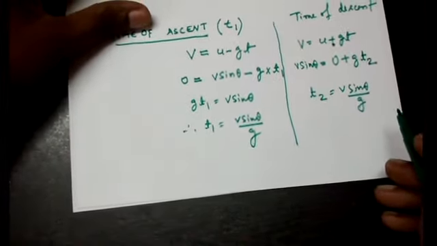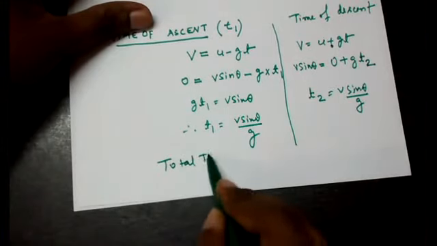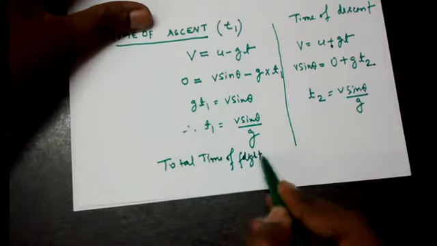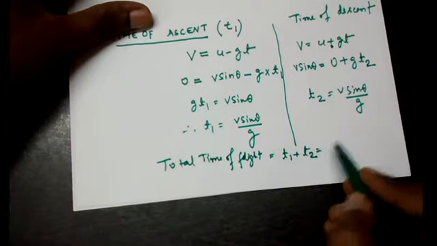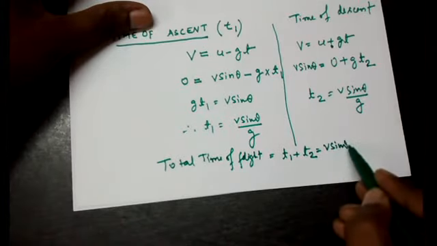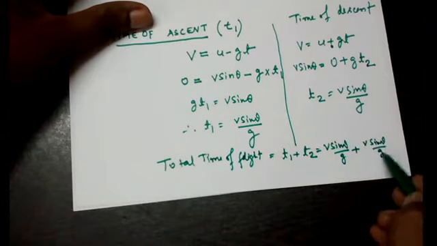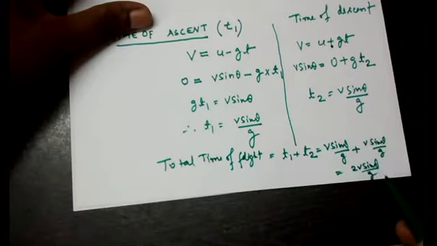So the total time of flight will be equal to t1 plus t2, and this will be equal to v sin theta divided by g plus v sin theta divided by g, and will be equal to 2v sin theta divided by g.